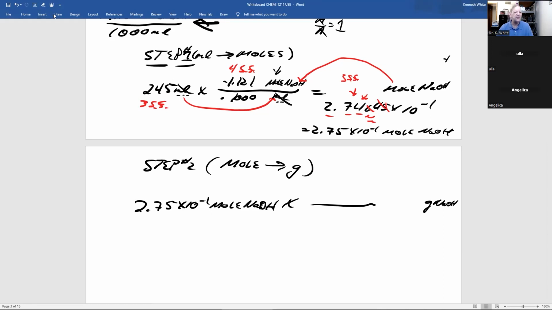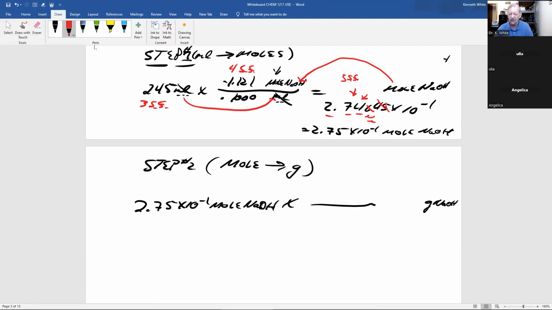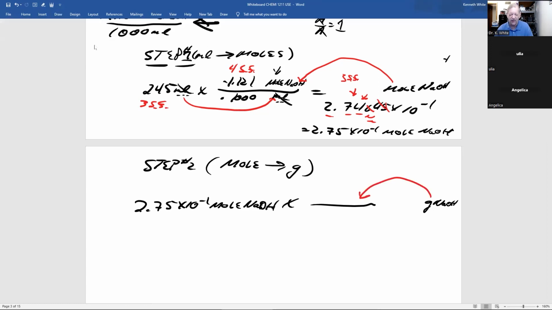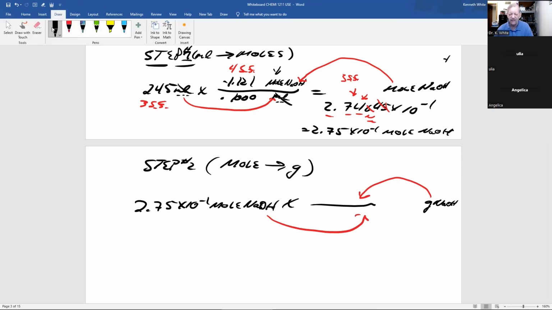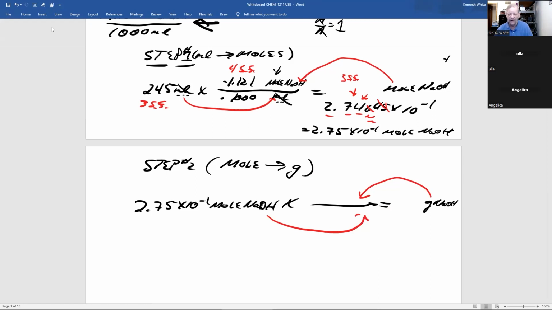So it's time to use our good friend, unit analysis. Whatever we're trying to get to goes on top of the ratio. Whatever we're trying to get rid of goes underneath. And don't forget the equal sign, Dr. White.